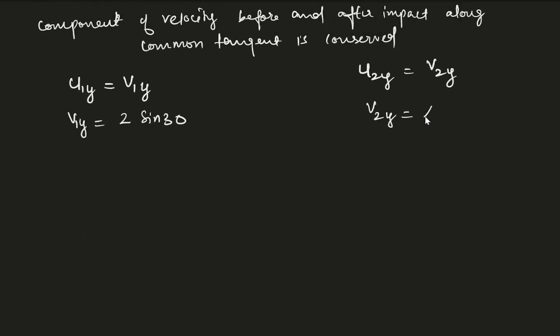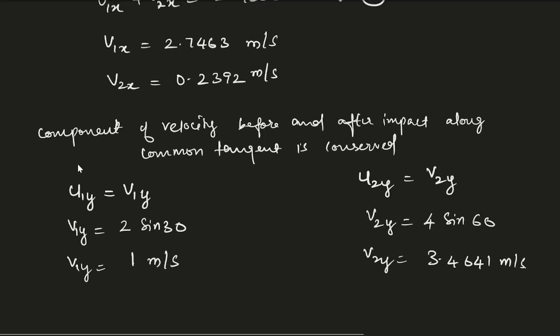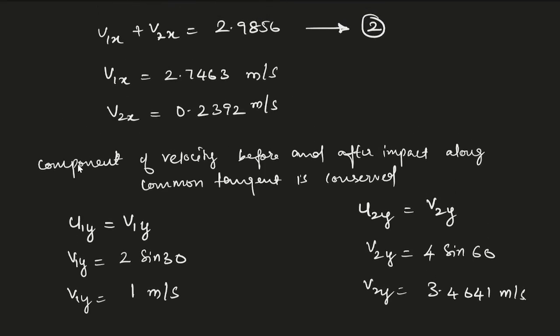So v1y will be equal to 2 into sine 30, which is 1. That is, v1y is 1 meter per second, and v2y equal to 4 sine 60, which is 3.4641 meter per second. Okay, so now we have found the components of the velocities, that is v1x, v2x, v1y, v2y.